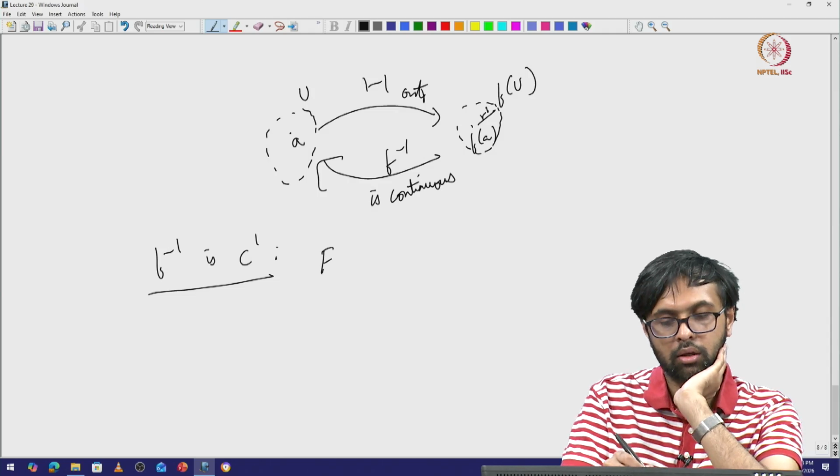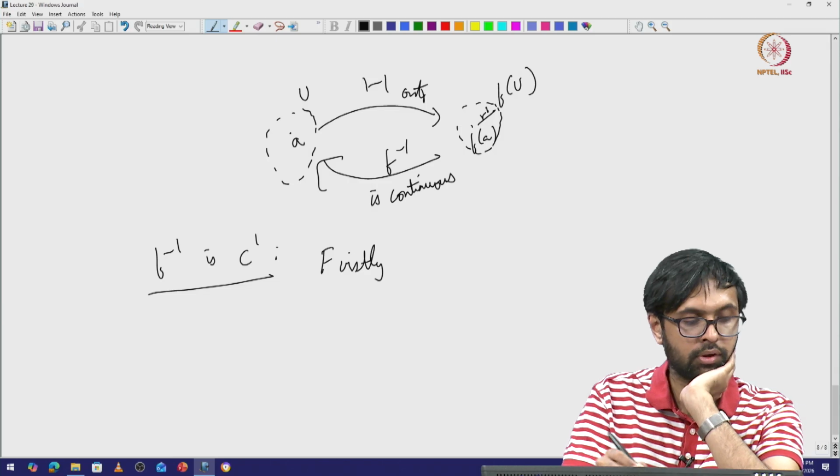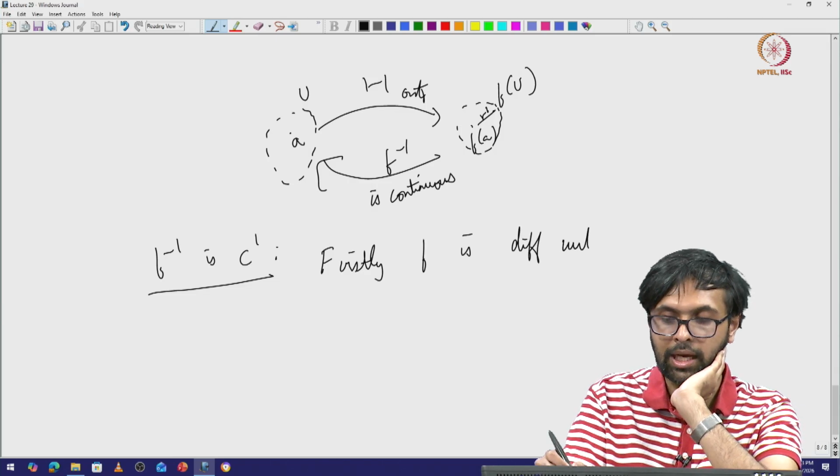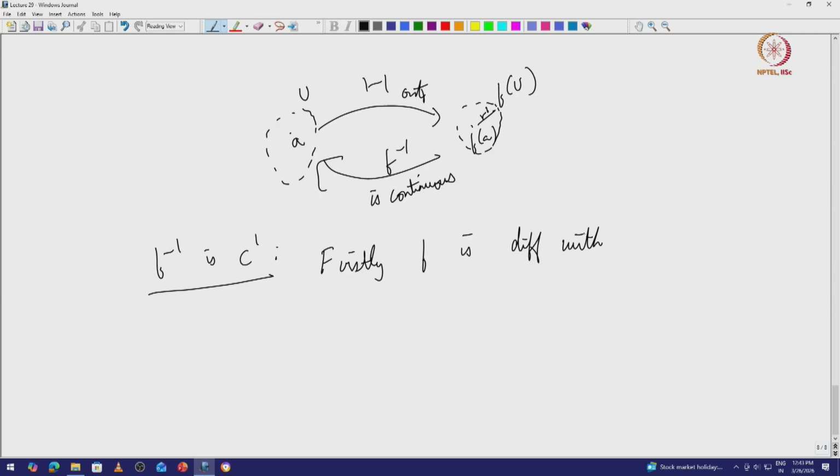Well, firstly, f is differentiable with the expected derivative. Derivative of f inverse equals df at the point f inverse of b, the inverse of this matrix. Okay? So how does one show this?